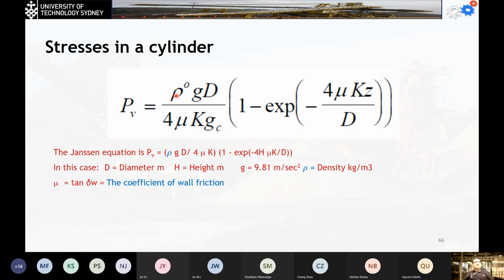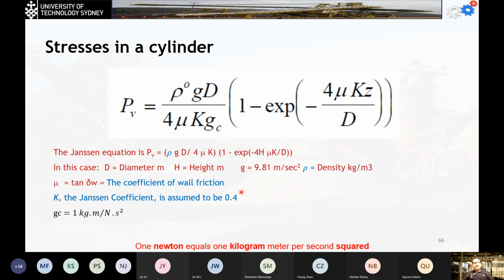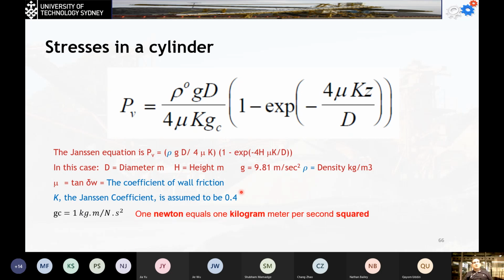Mu is the tangent of delta W, which is a function of the wall friction, where delta W is the angle of wall friction. K is the Jensen coefficient, which is usually assumed to be 0.4. And finally, gc is the conversion factor, where 1 Newton is equal to 1 kilogram meter per second squared.